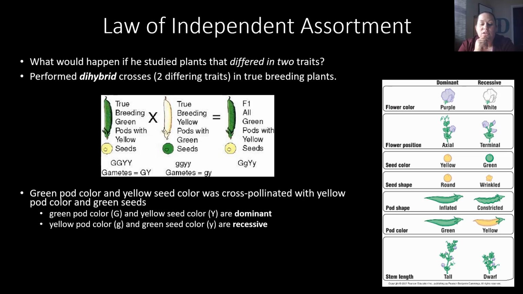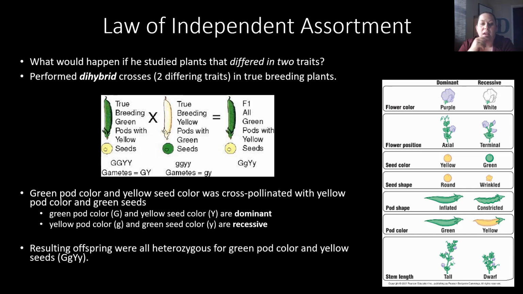Yellow pod color little g and green seed color little y are recessive. This results in offspring that were all heterozygous for green pod color and yellow seed color. So they're heterozygous because they have a big G little g and a big Y little y, but they are still green pods with yellow seeds.